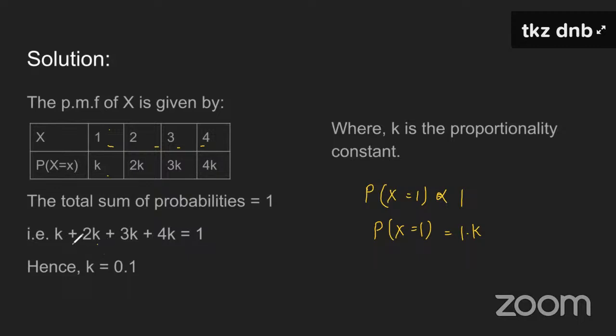First we find the value of k, then we put the value of k here. Then what is the formula for expectation? Expectation of X is the summation of xi into P of xi. Yes, right.